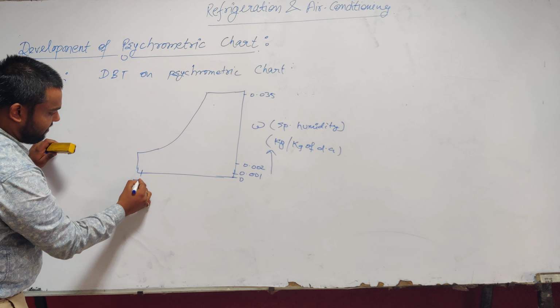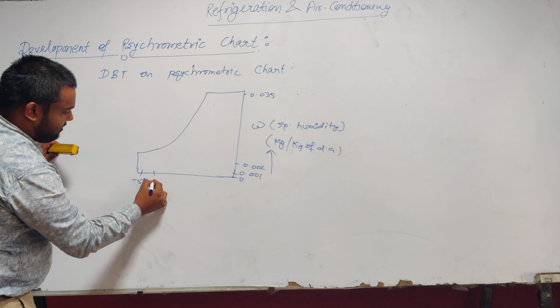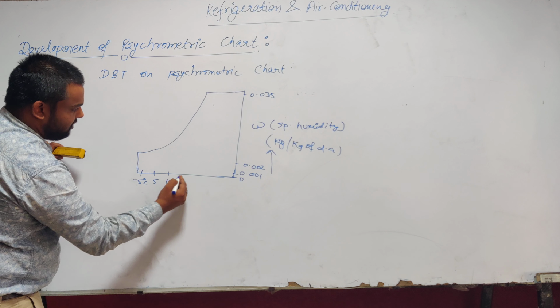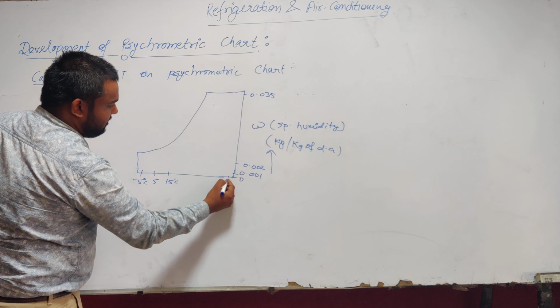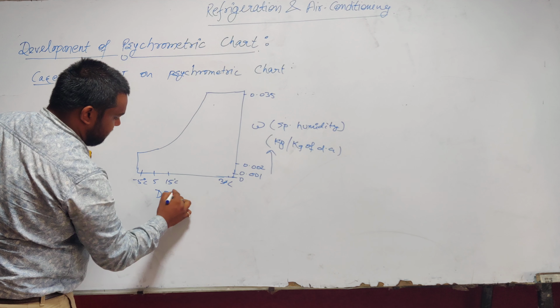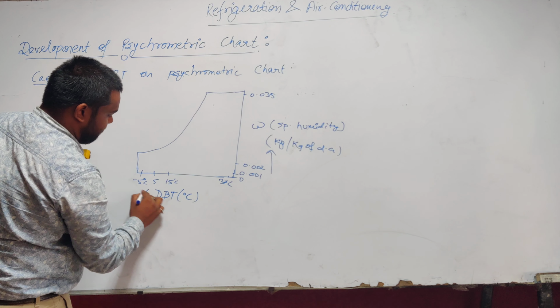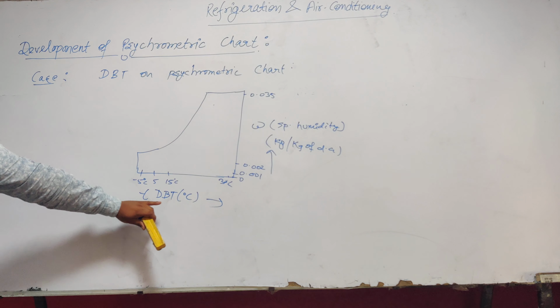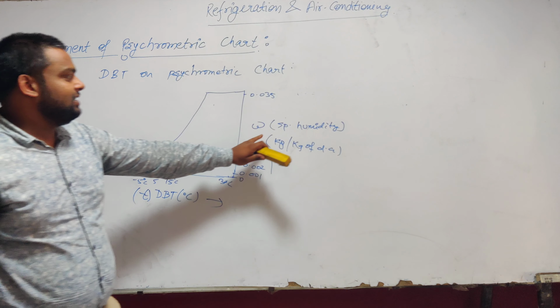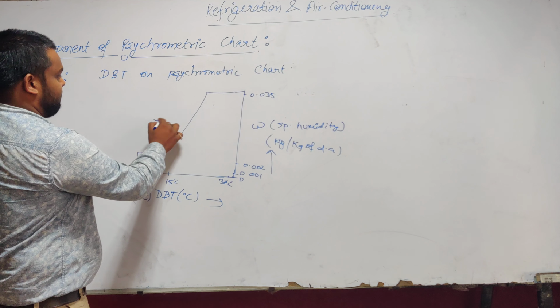And here temperature: minus 5 degrees centigrade, 5, 15, 30 degrees centigrade. Here is DBT in degrees centigrade. On the x-axis is temperature, which is DBT, and on the y-axis is specific humidity.